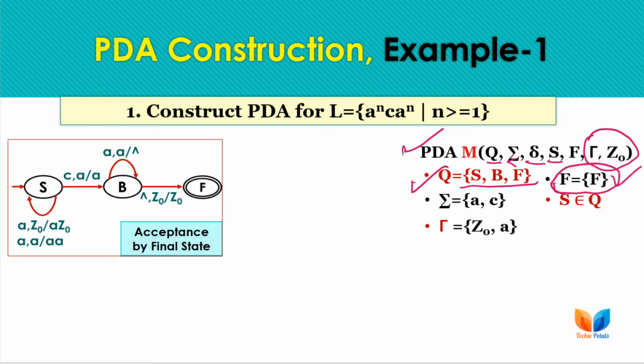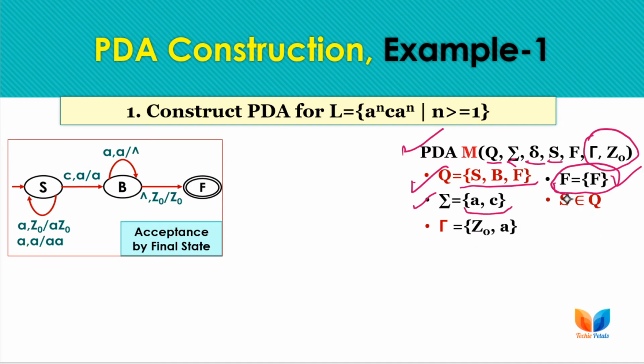Here I am taking the same name, but you can take any name for the final state. Next, the input symbols are A and C only, because the input string comprises A and C. Here we do not have any B, so we will not take B as an input symbol.